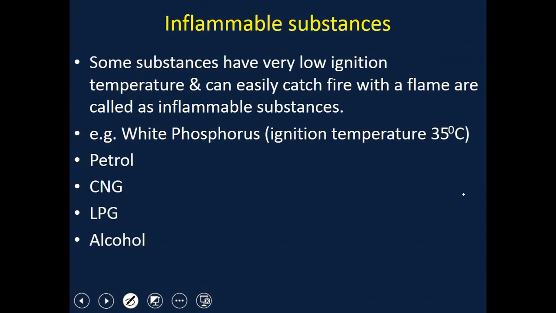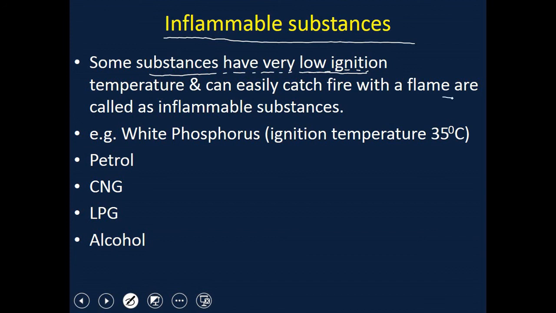So now, based on these points, we will study what are inflammable substances. Children, inflammable substances are those substances which catch fire easily. Some substances have very low ignition temperature. If they have very low ignition temperature, as I told you just now, they can catch fire easily with a flame.